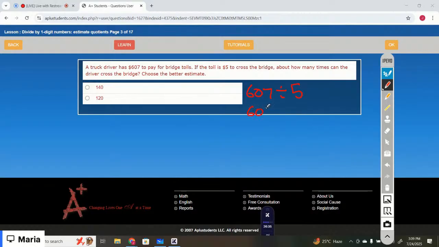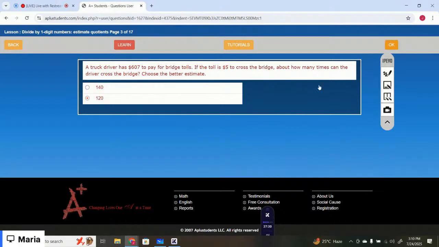It would be rounded to 600. 600 divided by 5 is 120. Option number 2 is the correct option. That is 120.